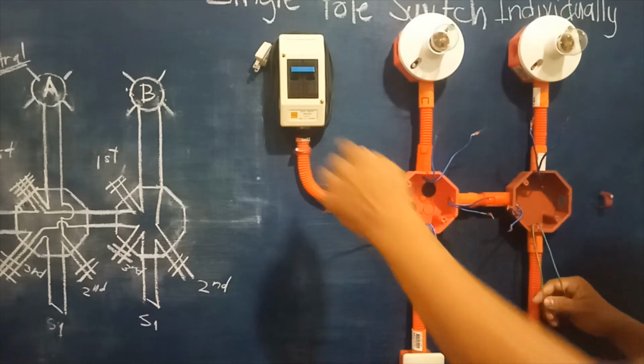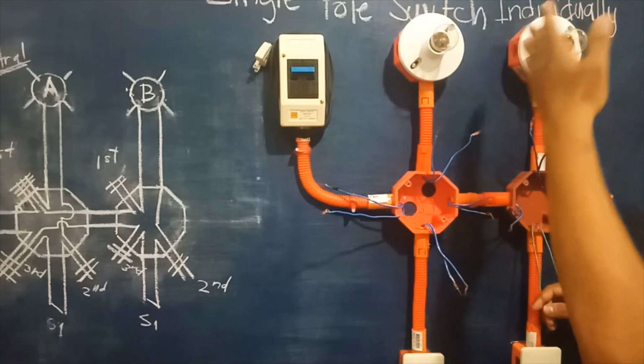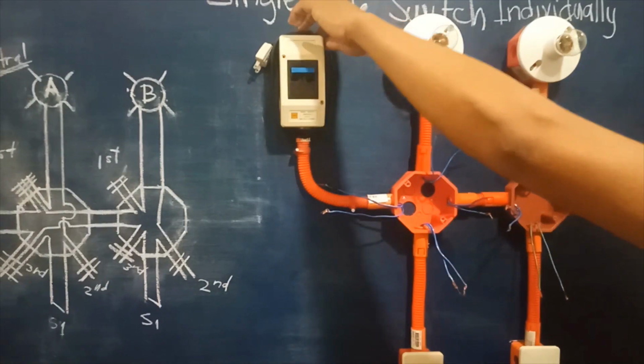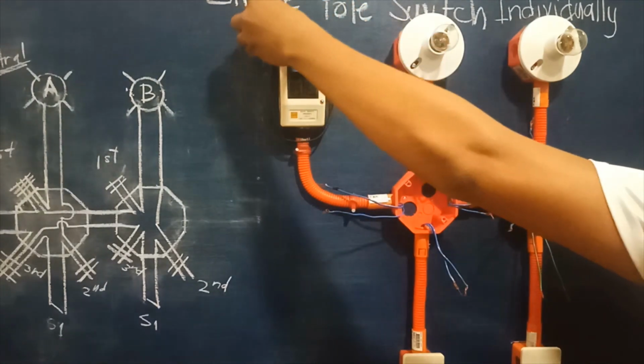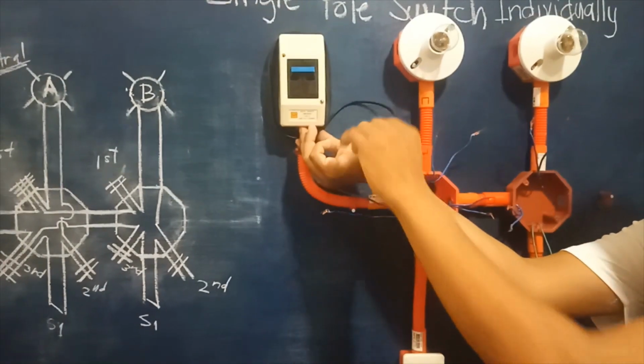Okay, so we have here the circuit breaker, the 2 bulbs here, bulb A, bulb B, then the junction box and the switch. Then we have here our main plug, this one.